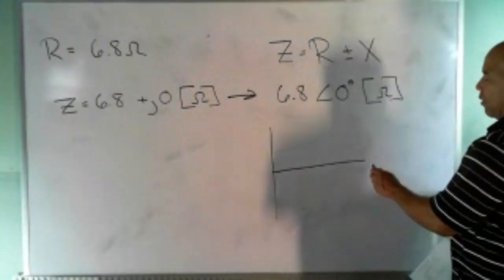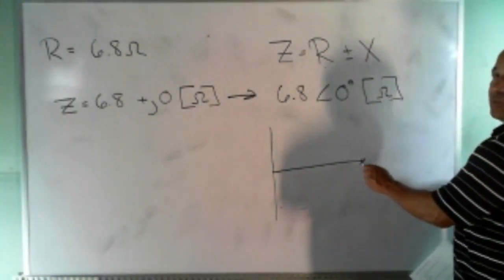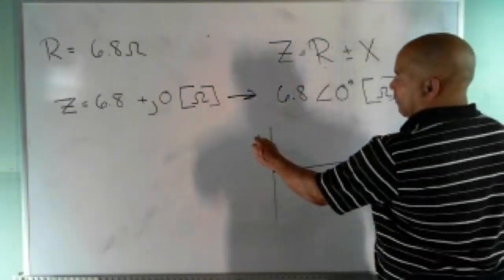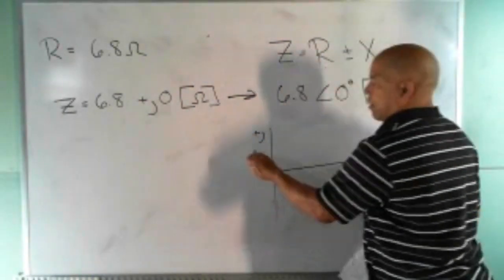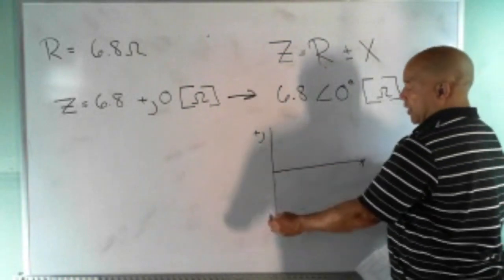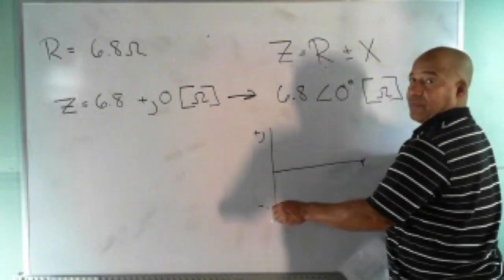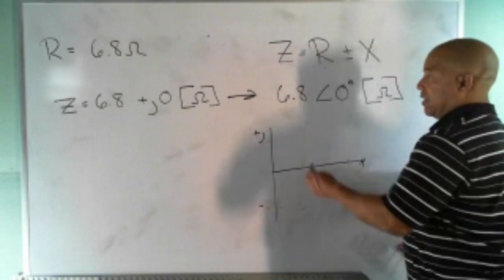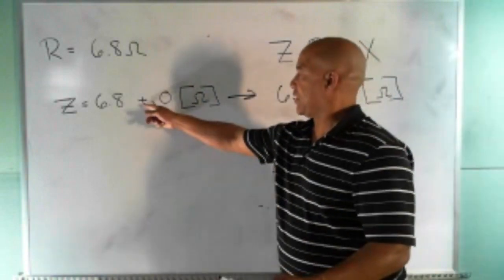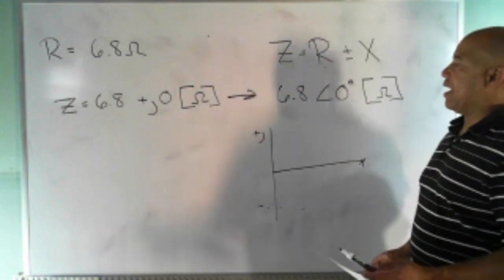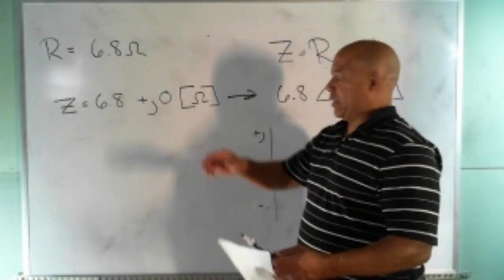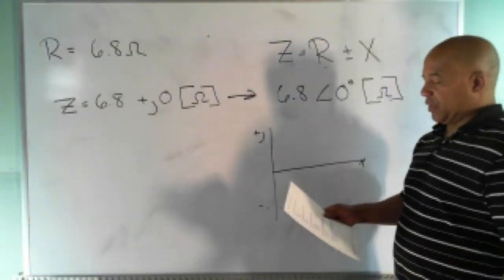If the j is 0, I know I'm on this axis, so my phase would be 0 degrees. If I have a positive j, my phase angle would be 90, and a negative j will be minus 90, with the sign, positive or negative, along with the magnitude. But now, well, you'll see on the next one. So let me just go to the next one.